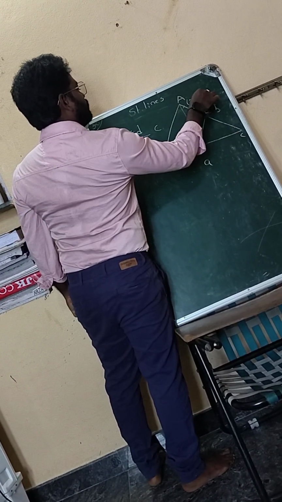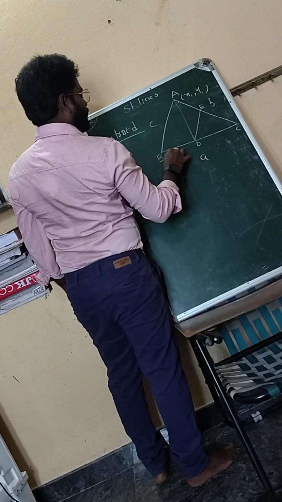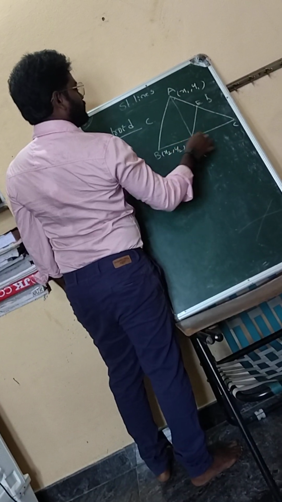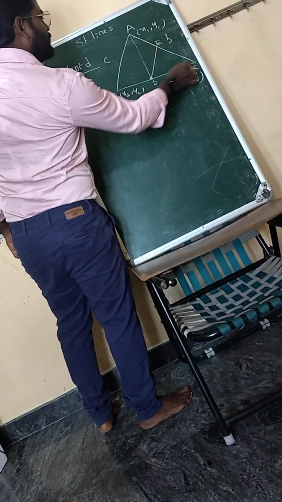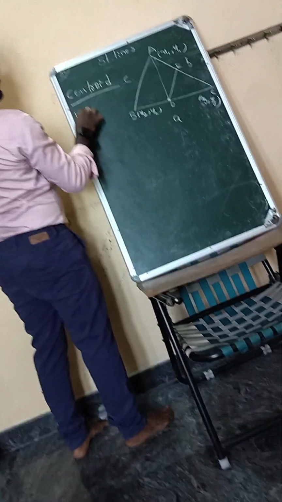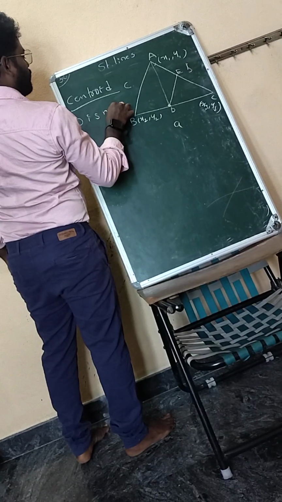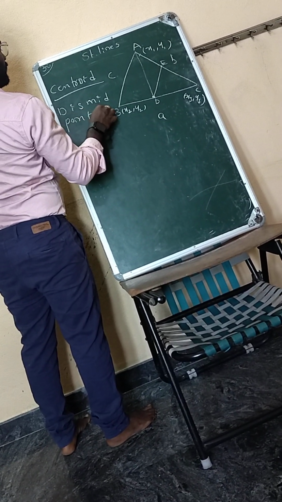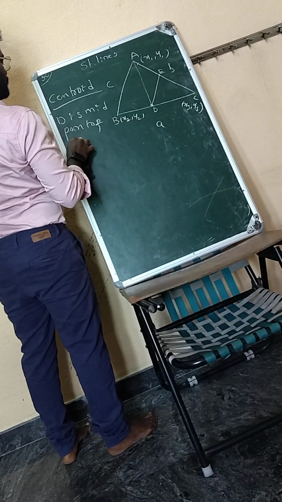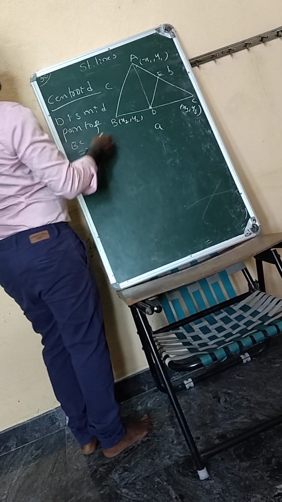A, B, C. A point is x1, y1. B point is x2, y2. C point is x3, y3. And this is the midpoint of BC. D is the midpoint of BC.